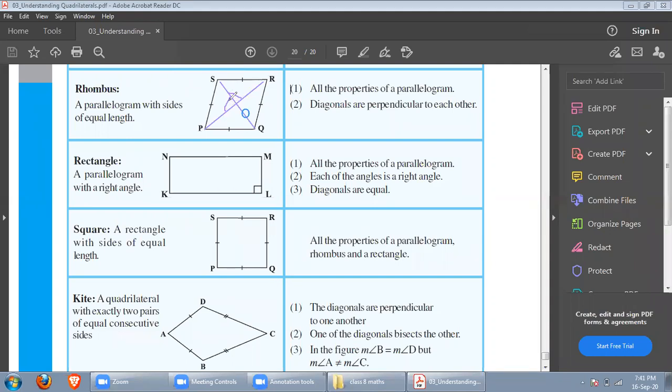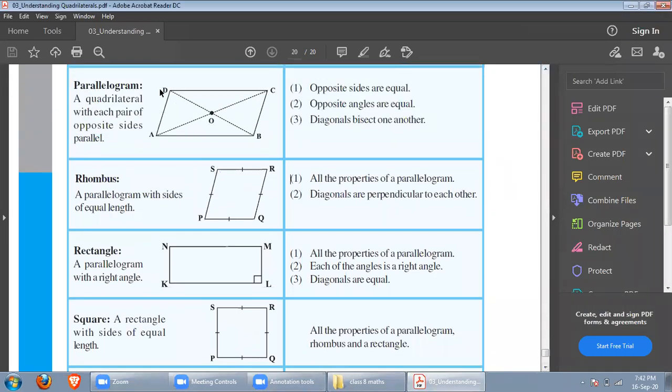But in a simple parallelogram, it will not be, because the adjacent sides are not equal. So these two triangles will not be congruent in a simple parallelogram.